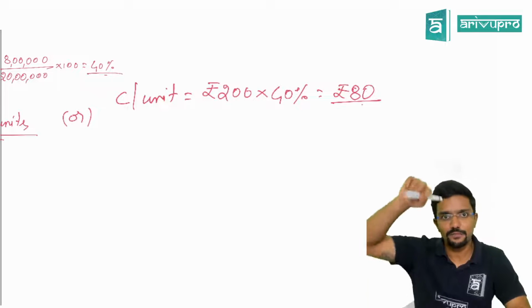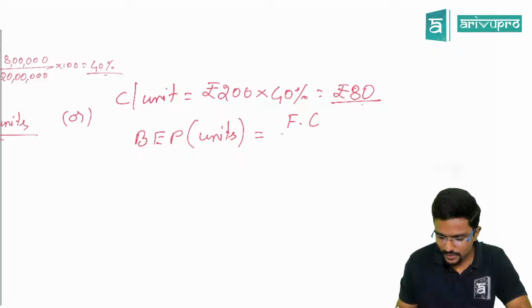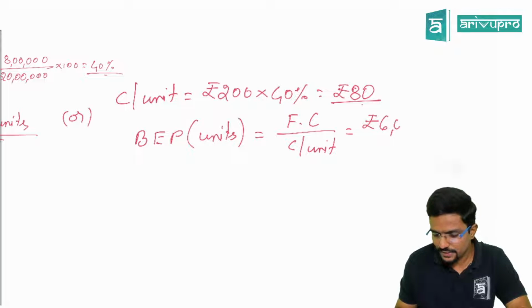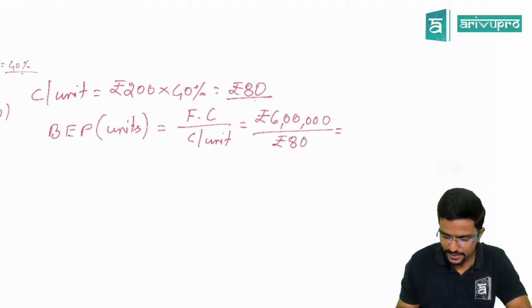Now use that formula. Break-even point or sales in units is equal to fixed cost by contribution per unit, which is equal to 6 lakh rupees by 80 rupees. Check whether you are getting the same answer, 7,500 units.